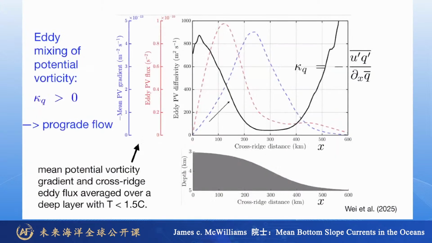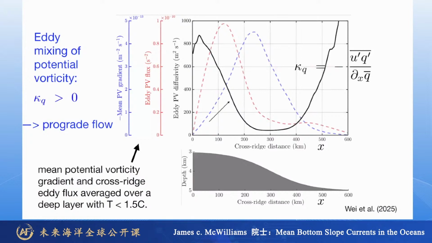On the right, you can see a reminder of the shape of the ridge. This is not entirely the full domain. It's concentrated near the ridge. And what you see in the upper right are three different plots. One is in red, the eddy potential vorticity flux.